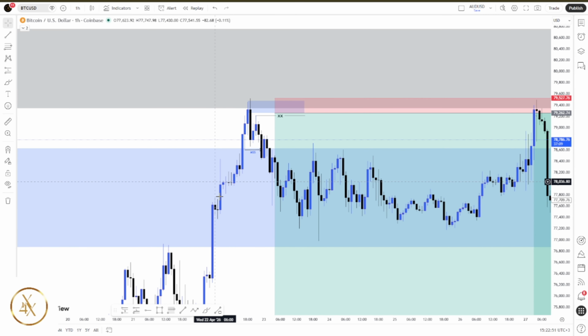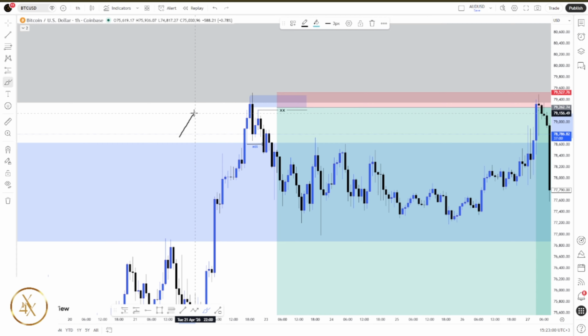The 1 hour shows price was going up, created a low, and instead of creating a higher high, it stopped somewhere there and broke this. And that becomes a shift that happened here. Instead of continuing, it broke this structure there.